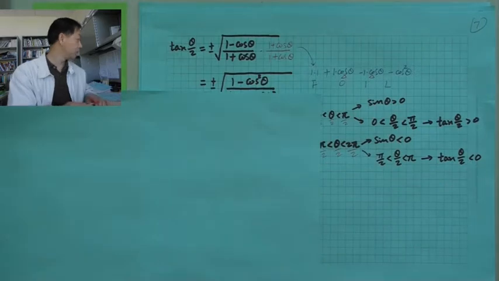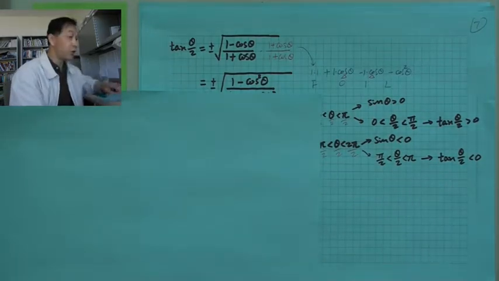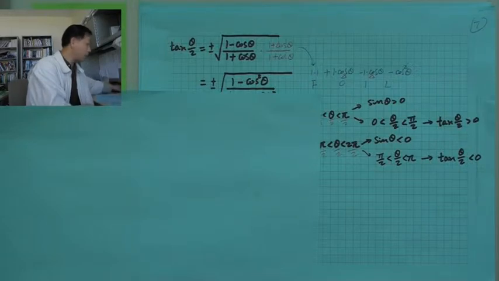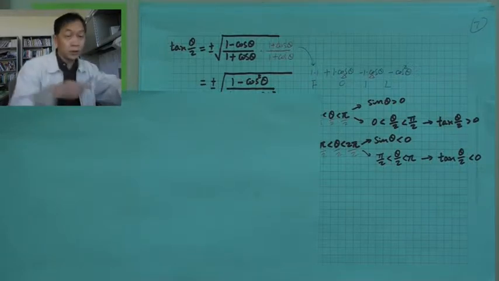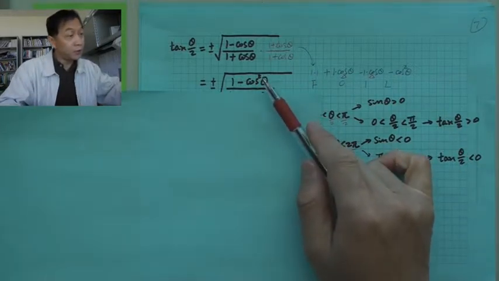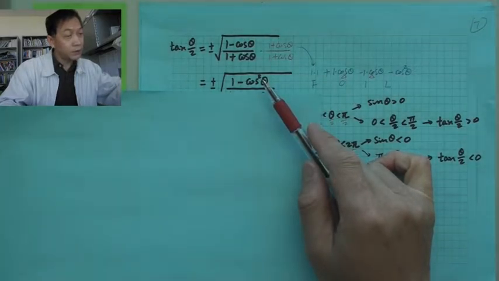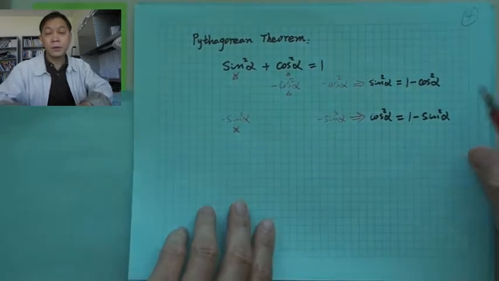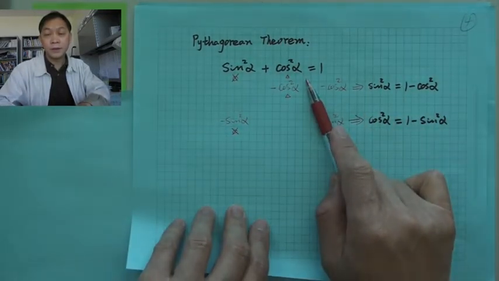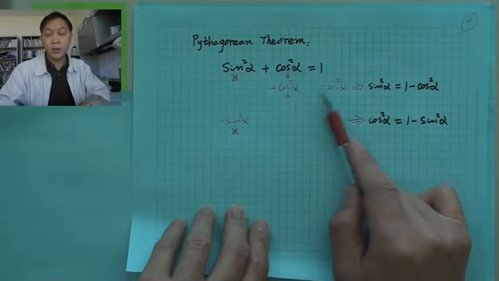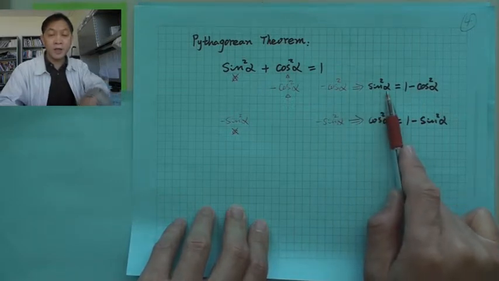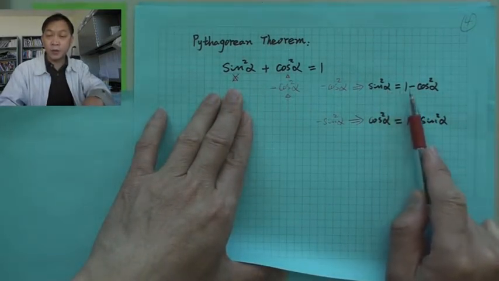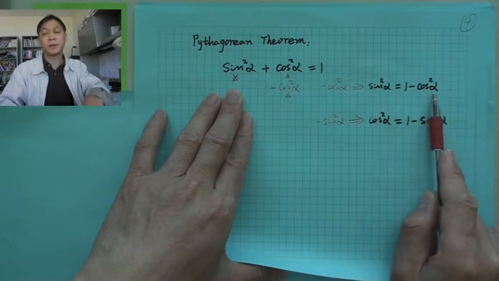But you know, by the Pythagorean theorem, many times, 1 minus cosine theta squared is what? If you remember the Pythagorean theorem, subtract cosine theta squared on both sides, you have sine theta squared is 1 minus cosine theta squared.